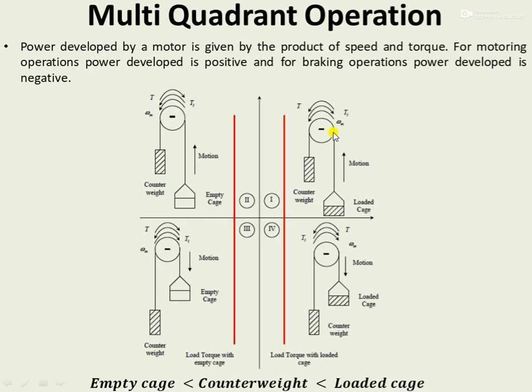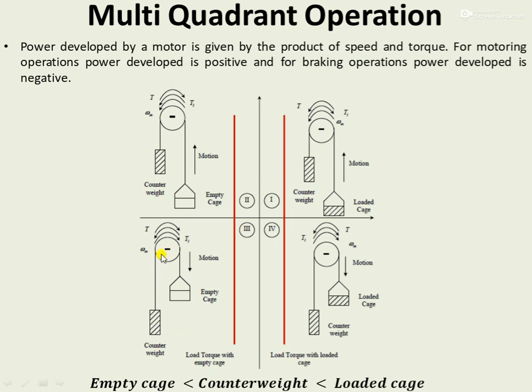Comparing with the first quadrant, in which the torque was produced in the anti-clockwise direction, in the second as well as the third quadrant, the torque produced by the motor is in clockwise direction. In the third quadrant, the torque produced by the motor brings about the downward motion of this empty cage.